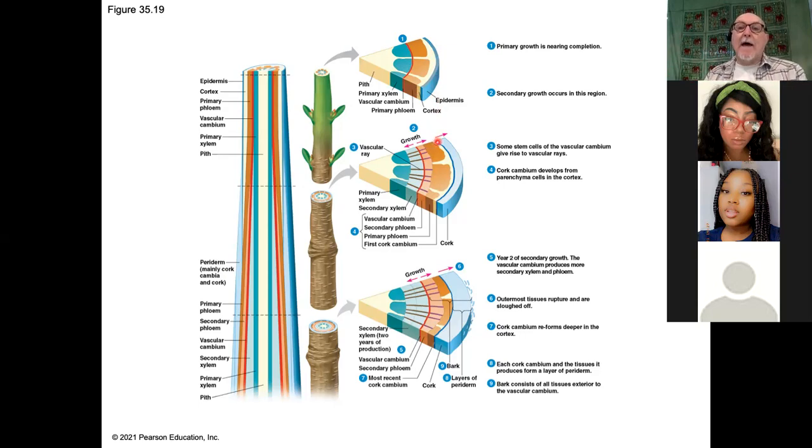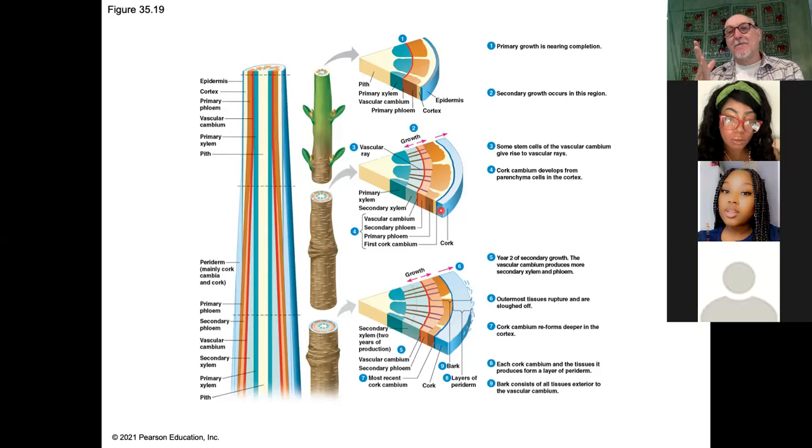And instead, a meristem called the cork cambium develops. Here it is. It produces tissue only in one direction, towards the outside, and it produces this thick layer. We now refer to this as being the periderm, the outside layer of corky tissue.